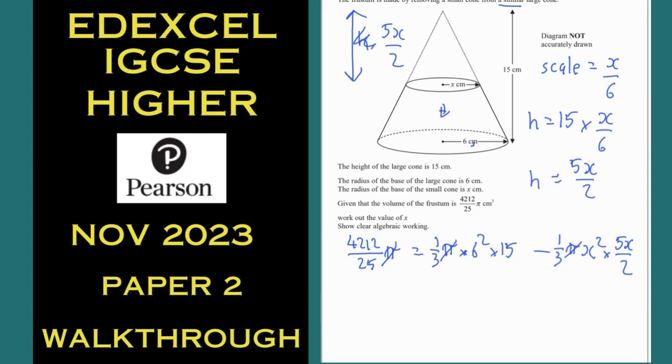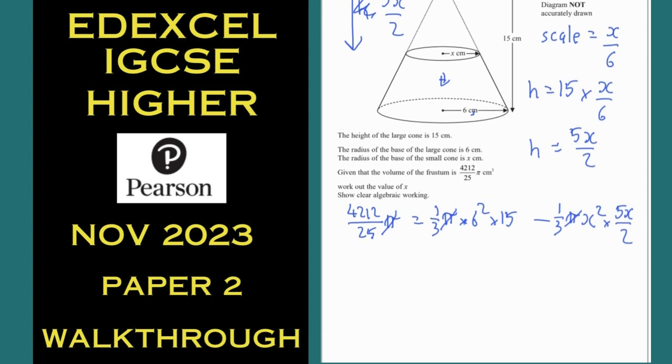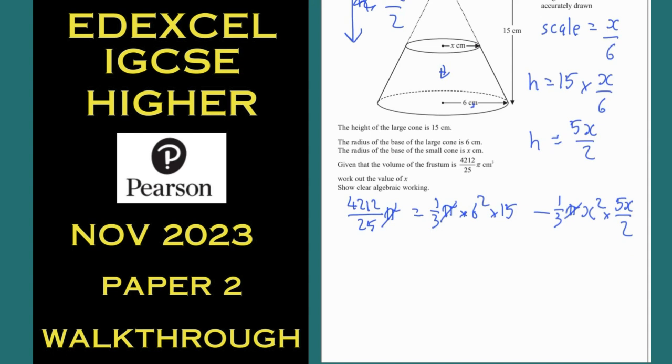I'm never a fan of fractions, so I am going to multiply everything by 3 while doing a bit of tidying up. So, on the left-hand side, 12,636 is that trebled. On the bottom, 25. Here, I've got 6 squared times 15. And here, I've got 5x cubed over 2.